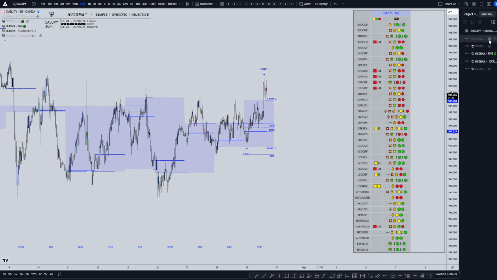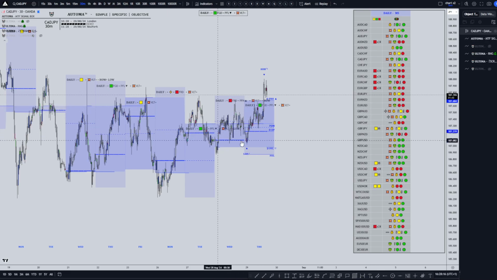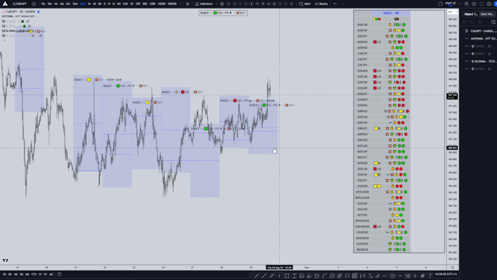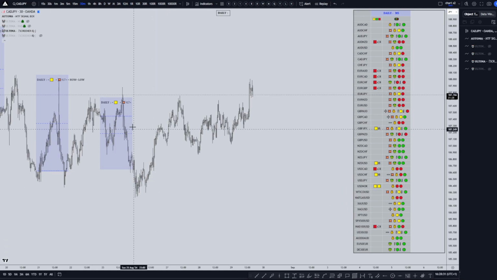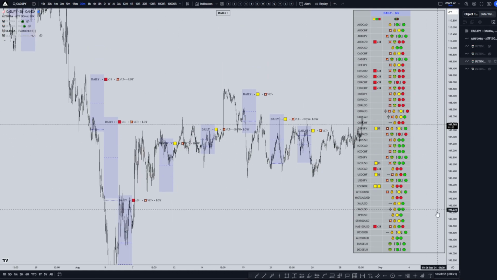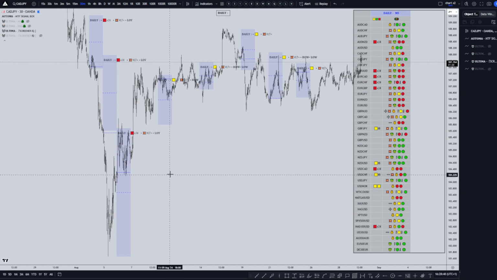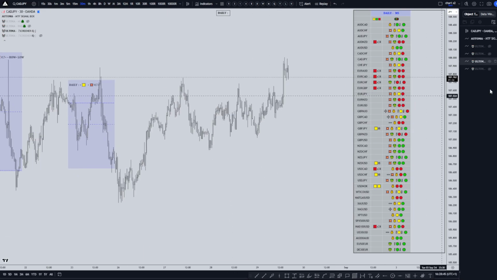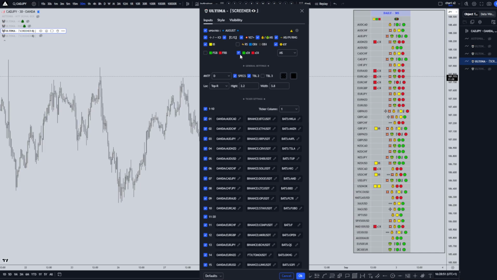So mainly I'm interested in inside ranges and triple lows, triple highs. Inside ranges are for sharp reversals and sharp breakouts, and triple lows, triple highs for anticipating pullbacks and reversals. So that's it regarding the signal range. Again, you can adjust it, edit it, and disable whichever you want.